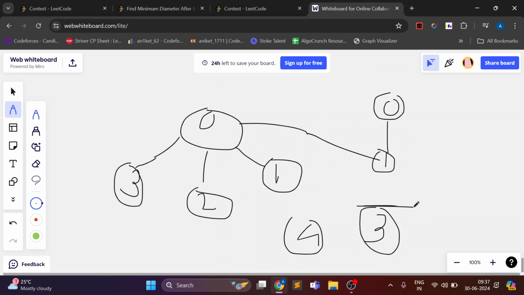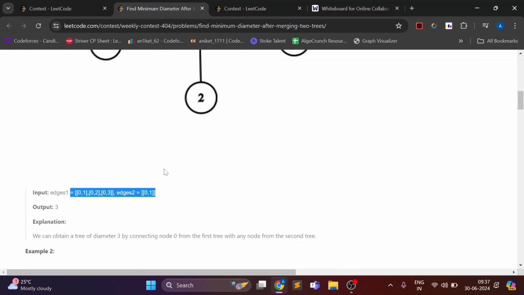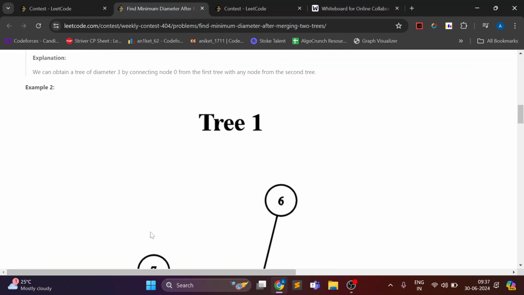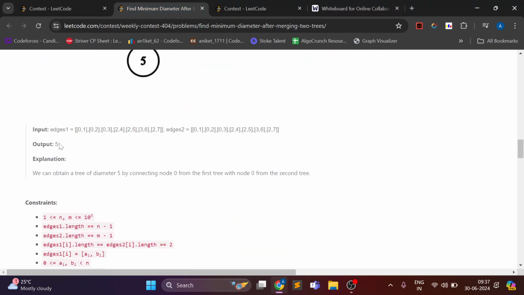So what was the minimum possible diameter? 3. I cannot make any smaller diameter. There is no other configuration which can generate a lesser diameter than 3. So the answer here was 3. Similarly, you can try for this case.